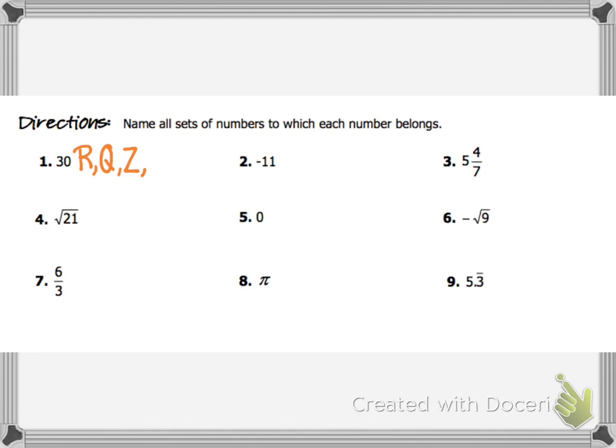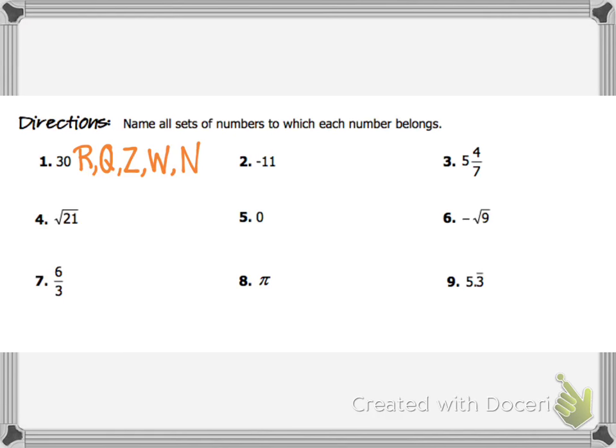Since it is positive, then yes, it is a whole number. Okay? Now, since it's a whole number, I ask myself, is it a natural number? If I kept counting 1, 2, 3, 4, 5, 6, 7, I would eventually get to 30. So yes, it would also be a natural number. Okay, so that would be all of those on the right-hand side.